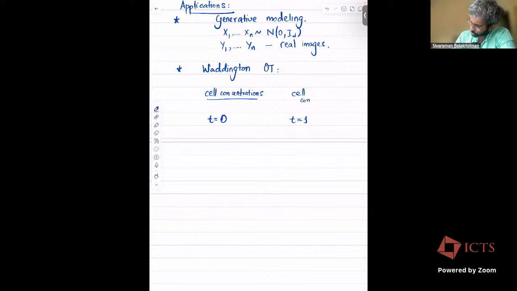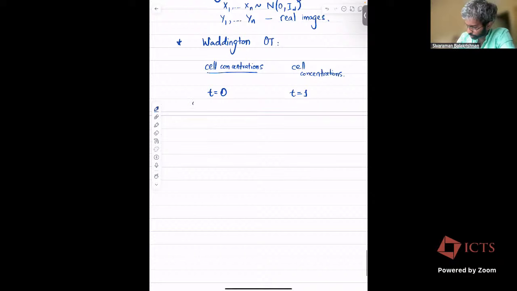So in effect, I cannot track the distribution through time. But what I can do is take a measurement at time equals 0, at time equals 1, and so on. So I've somehow broken the correspondence between my samples. These are called broken correspondence samples.